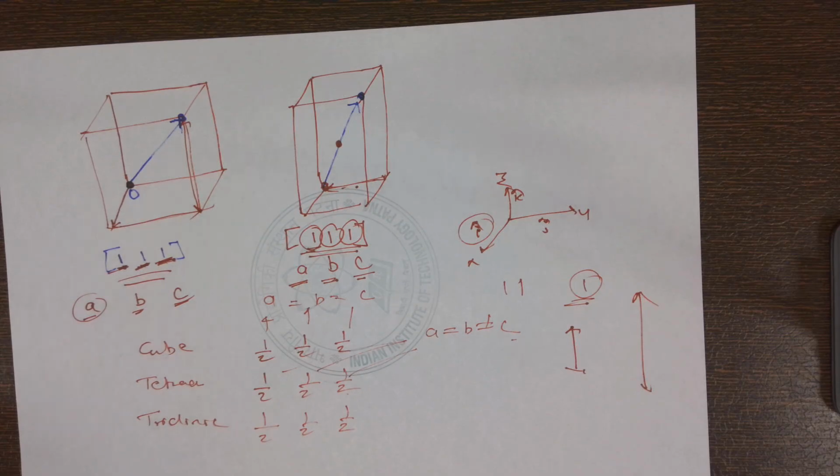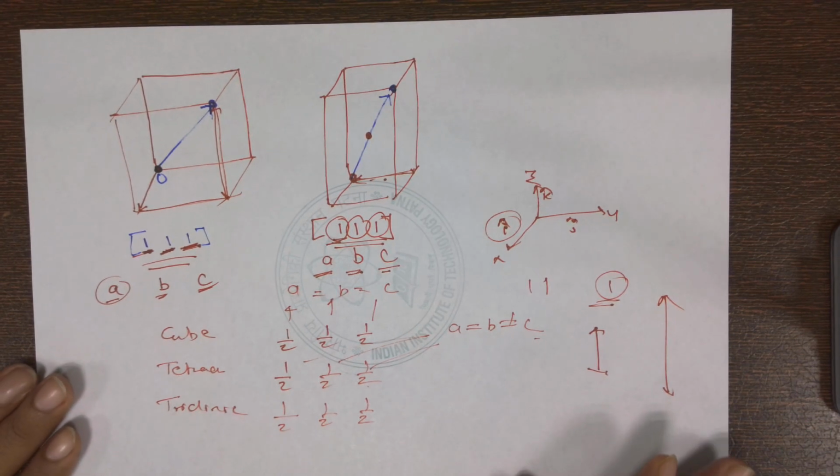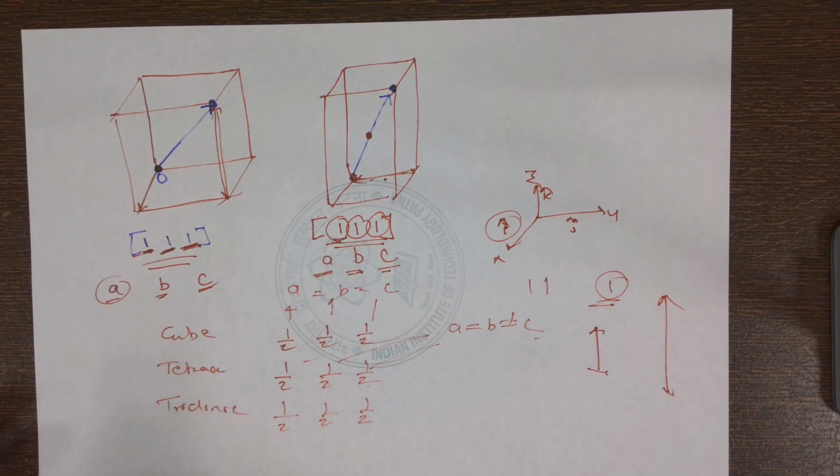So from here, the thing that we have mentioned is that irrespective of the crystal system, the body center will be 1/2, 1/2, 1/2 only. It's just that it is 1/2 of A, 1/2 of B, 1/2 of C, that we have to keep in our mind.